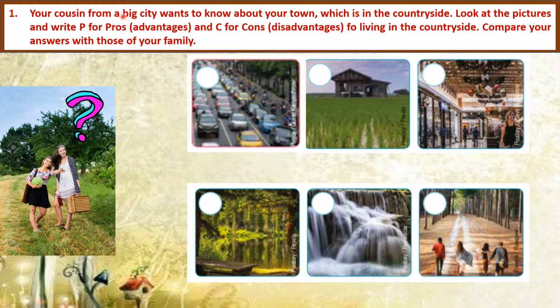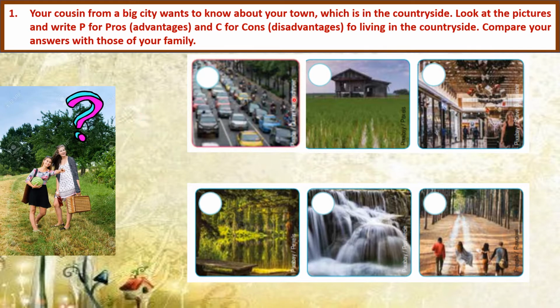Your cousin from a big city wants to know about your town, which is in the countryside. Look at the pictures and write P for pros, which is advantages, and C for cons, disadvantages, for living in the countryside. Compare your answers with those of your family.